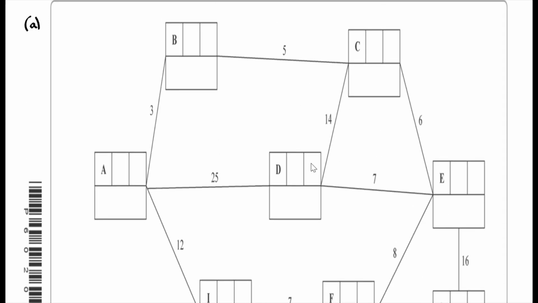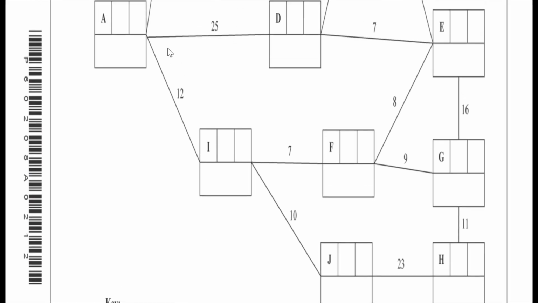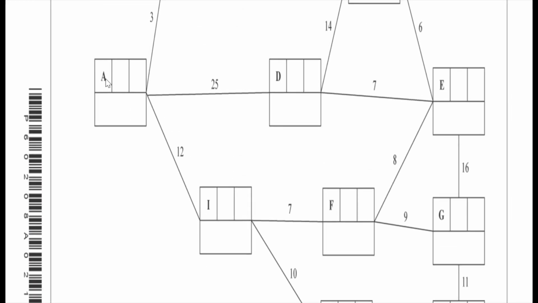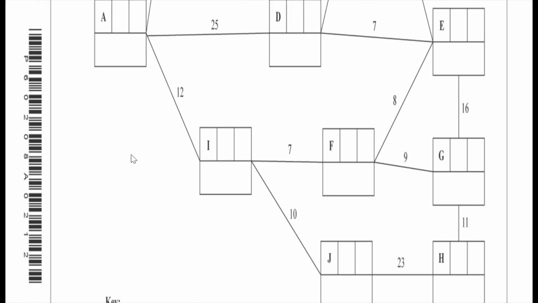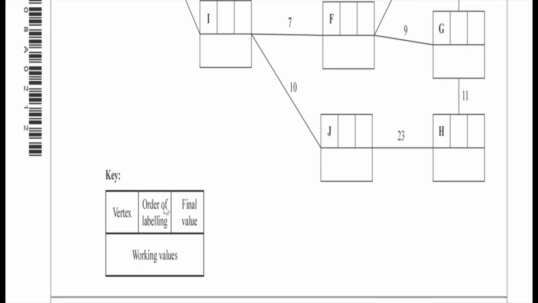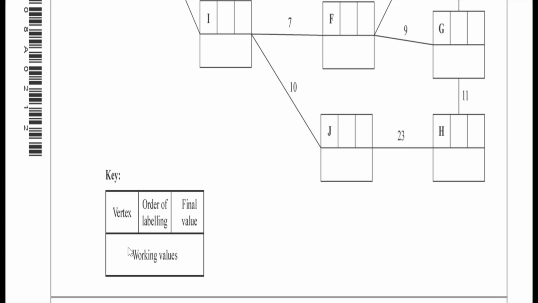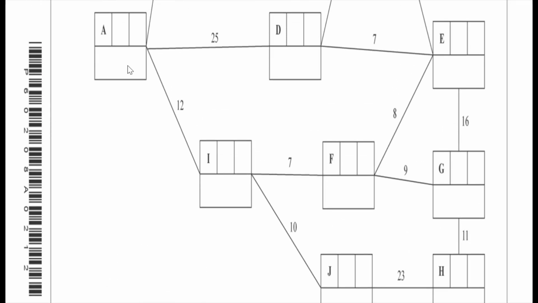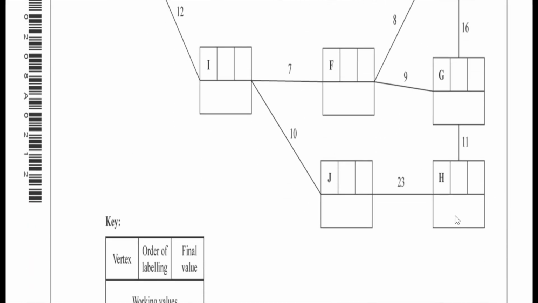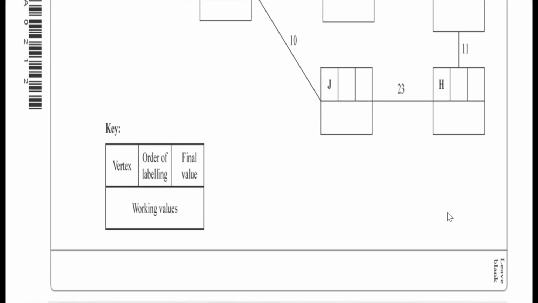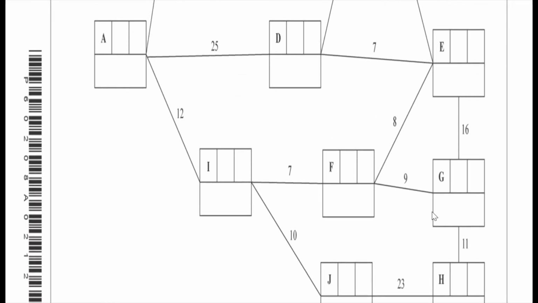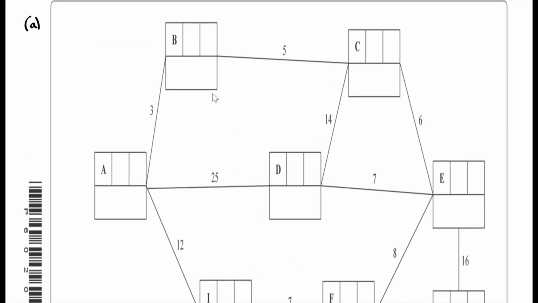we've got essentially this top box on the left, which is the vertex, the middle box, which is the order of labeling, this box, which is the final value, and then we've got working values in the bigger box at the bottom. So if we're starting at A, we want to end up at H. Of course, starting at A to B, so far that's 3.